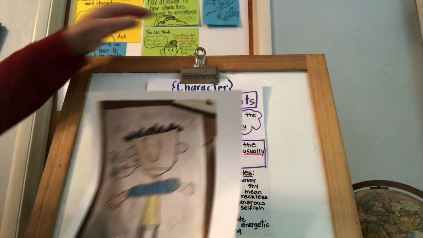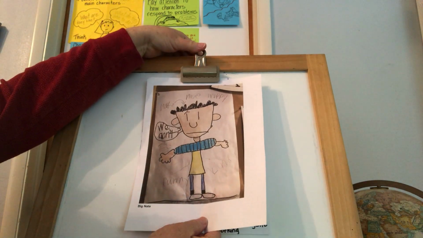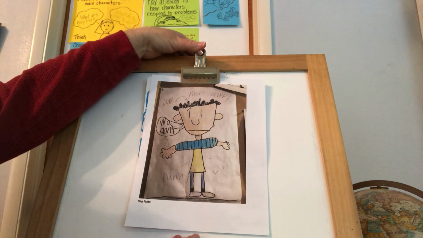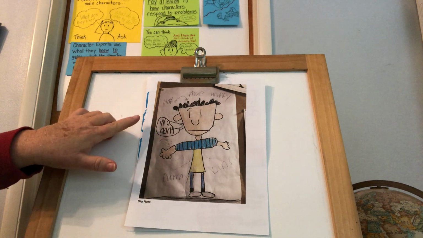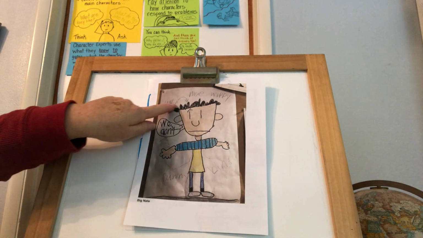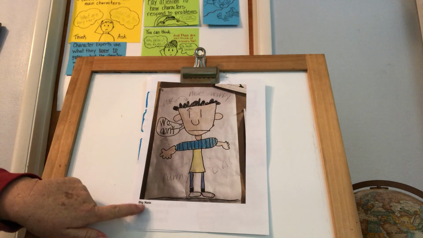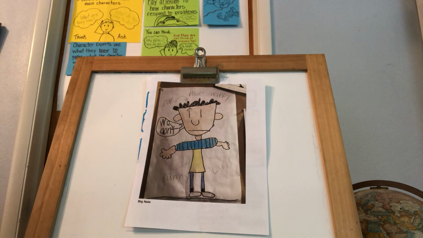So let me just put this one up here first. So this is one that a second grader did for Big Nate. And one of the things that they said here is, first they identified who it is, Nate, and that this was from the Big Nate story.